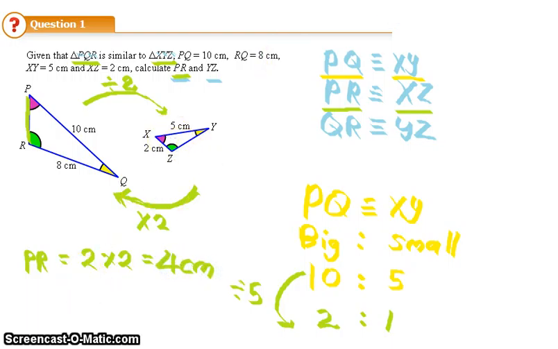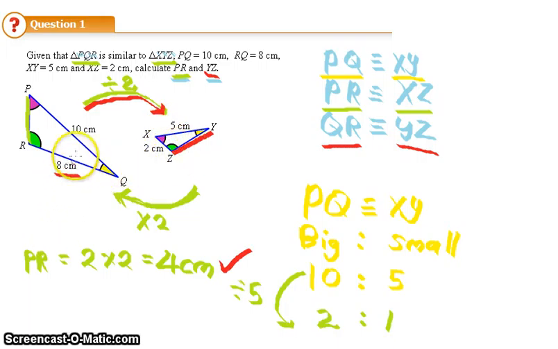So there we have it, the first question. The next one, how do you find out YZ? YZ is the same as QR. So we look at QR, which is here, 8 cm. But YZ is in the smaller triangle. So to move to the smaller triangle, what do we do?